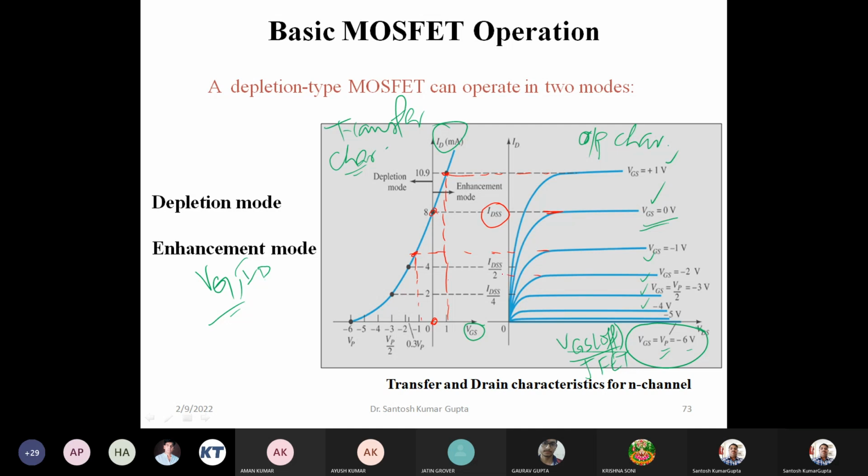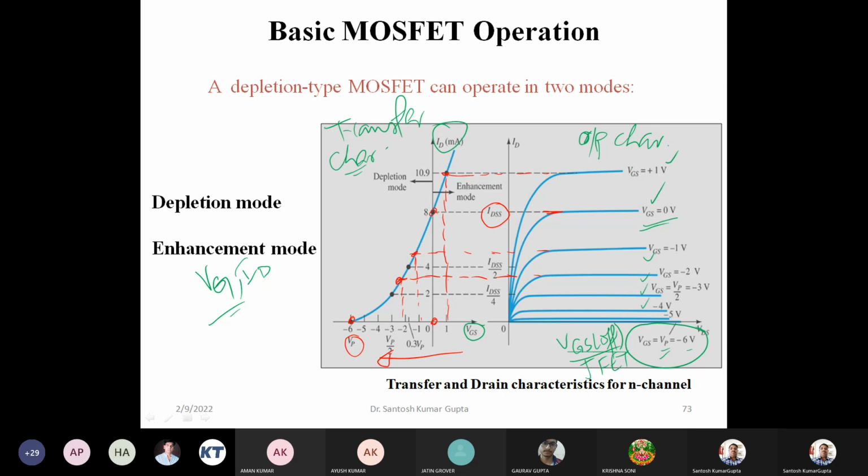So we can see here that if we decrease the gate voltage more and more, then at pinch-off voltage the current becomes zero. So this gives a very nice transfer characteristic.